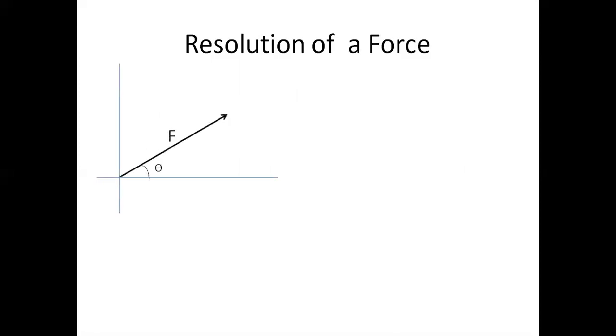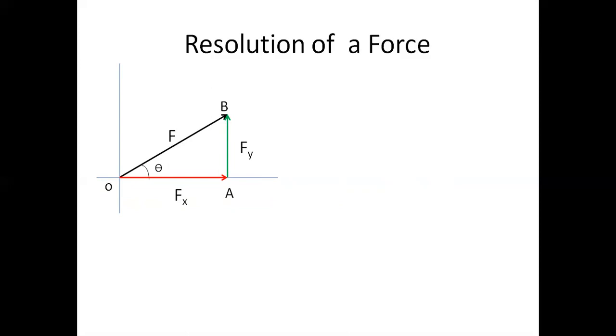So here is a force F which makes an angle of theta. Now this is the x component Fx, or we will call it the horizontal component, and this is Fy, the vertical component. Now we have to find Fx and Fy in such a way that these two combined together will give the same effect as this.